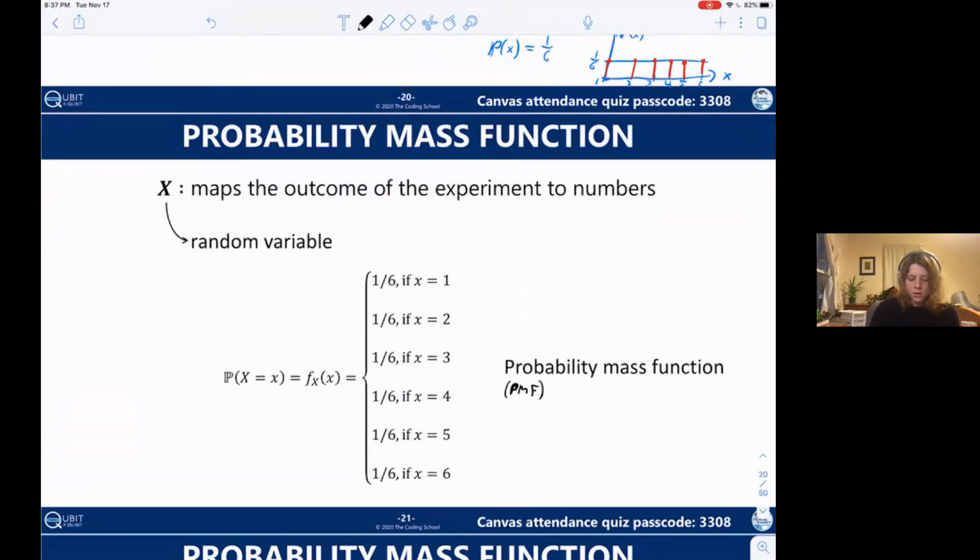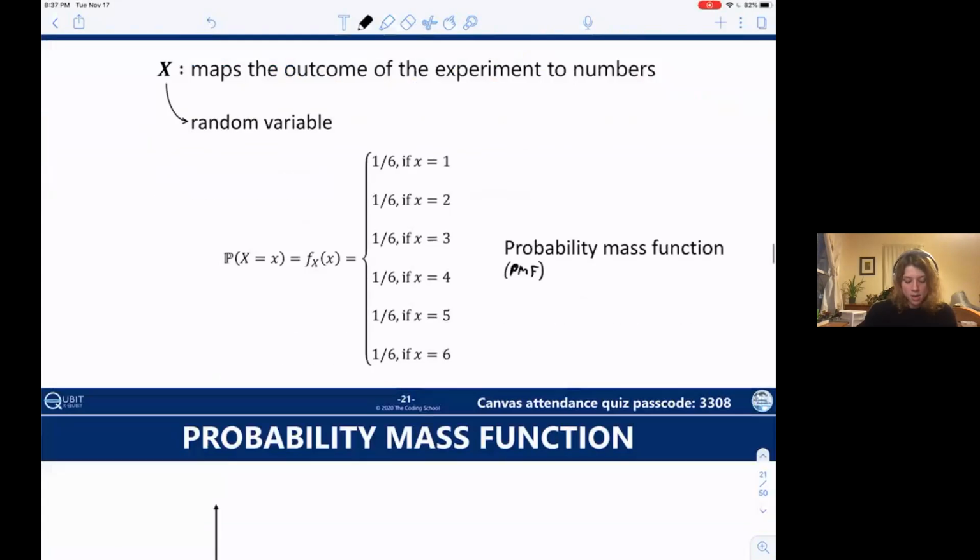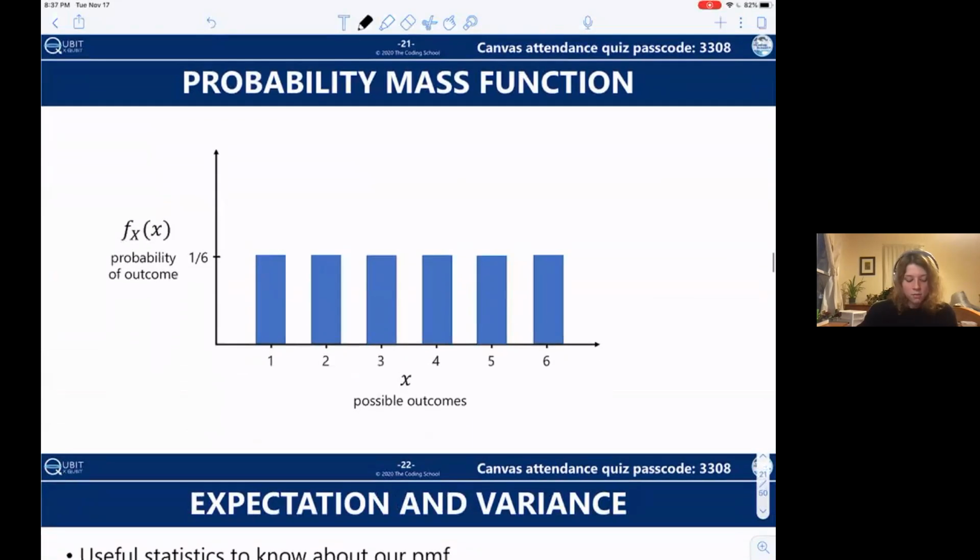I believe for continuous variables, it's the PDF, the probability density function, but for discrete variables, it is the mass function. In this case, the probability for each of these possible x's is just 1/6, and so you can draw this out with these bars. If you want to look at it as an envelope, you could just draw a line across. It's always 1/6, because our function is only defined at these discrete points.